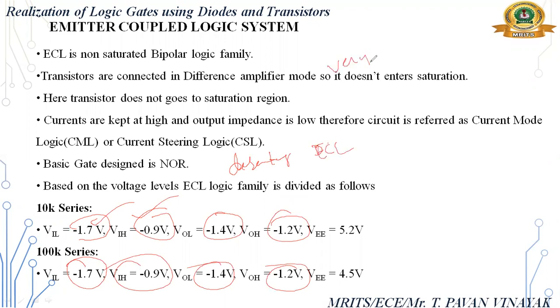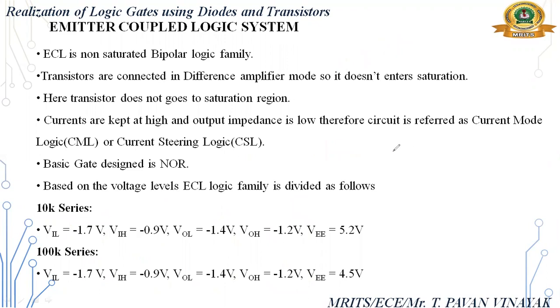ECL is very fast, but the disadvantage is using negative voltages, meaning the power supplies are negative voltages.